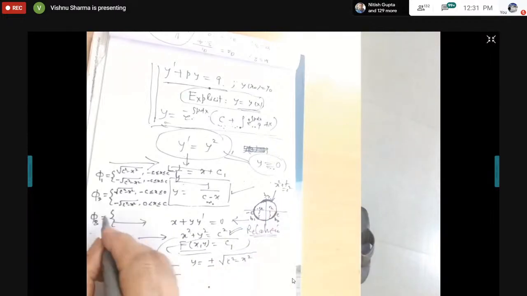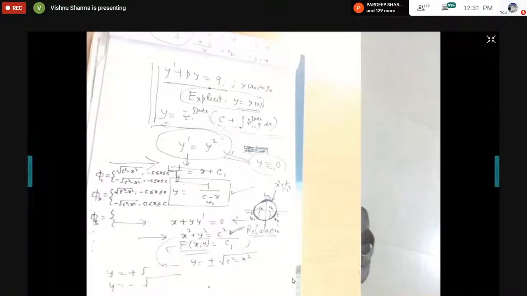I take b1, b2, b3 on these respective intervals. So in fact, an infinite number of functions satisfy it. This is not an explicit solution because a number of solutions are included in this. So this is an implicit form, right?